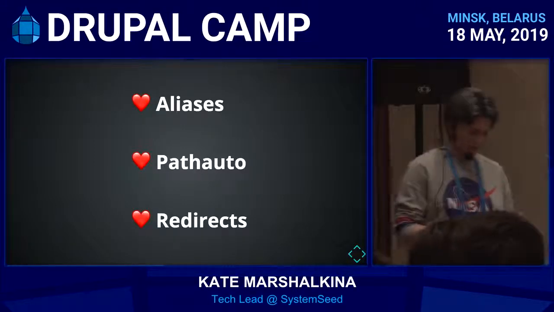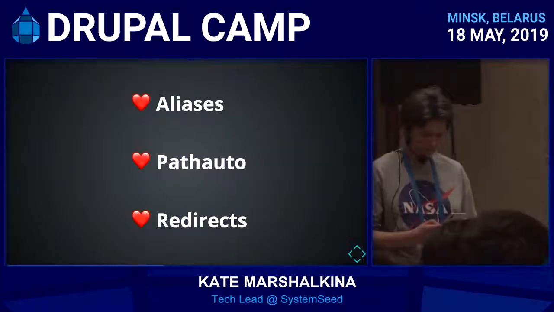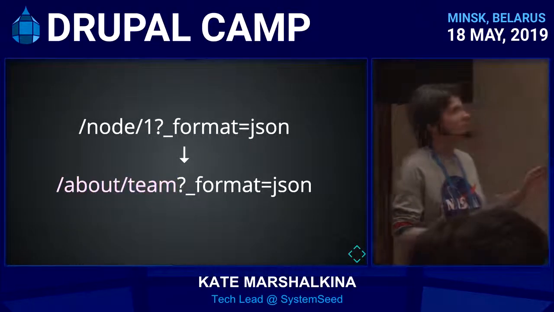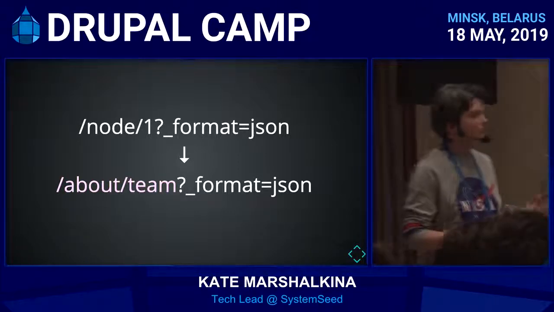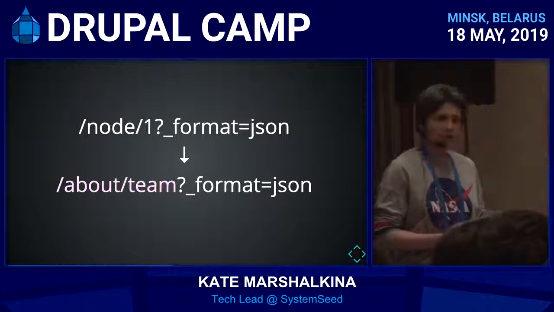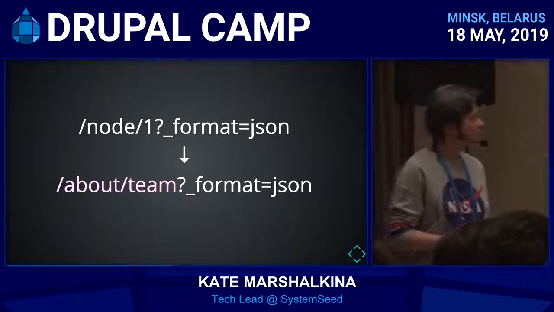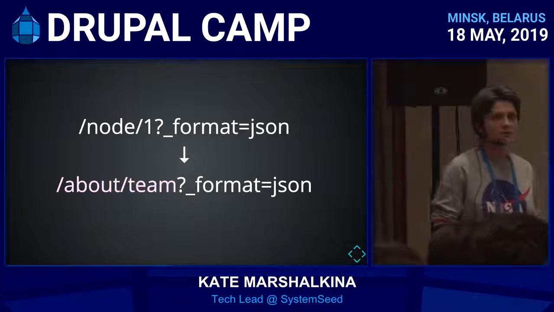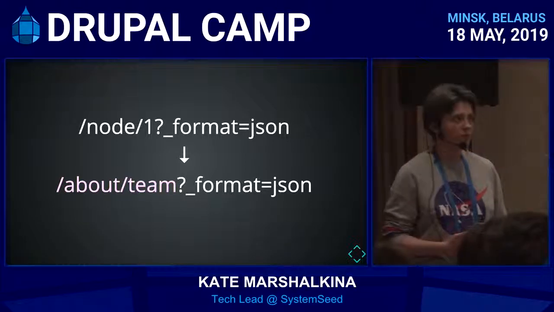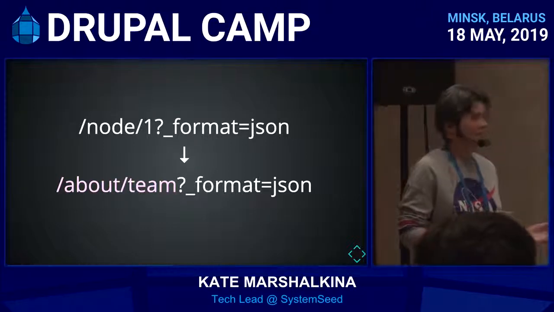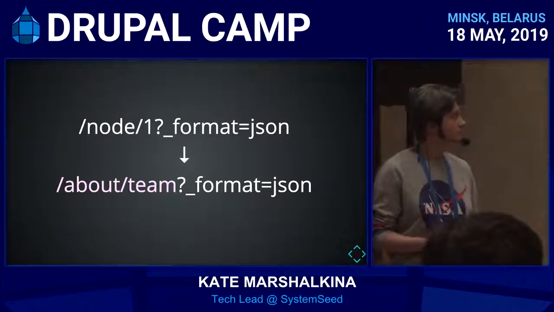So what does it mean? When you request a node or any page in Drupal, Drupal redirects you automatically to the correct, most recent path for that resource. This is how it works for HTML format, obviously, and this is how it actually works for any REST format.